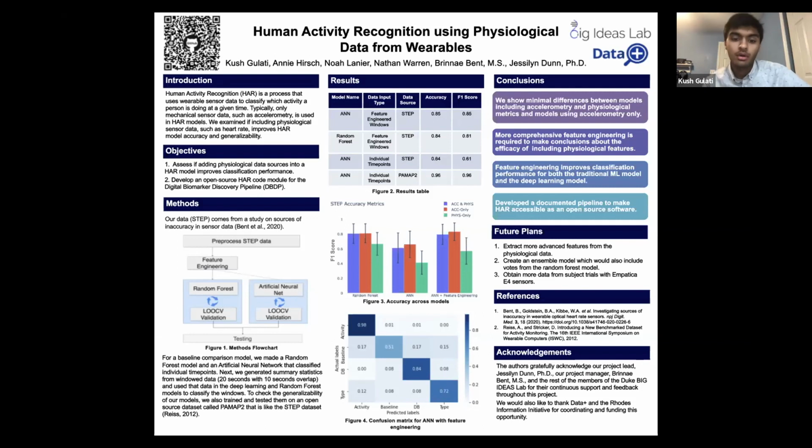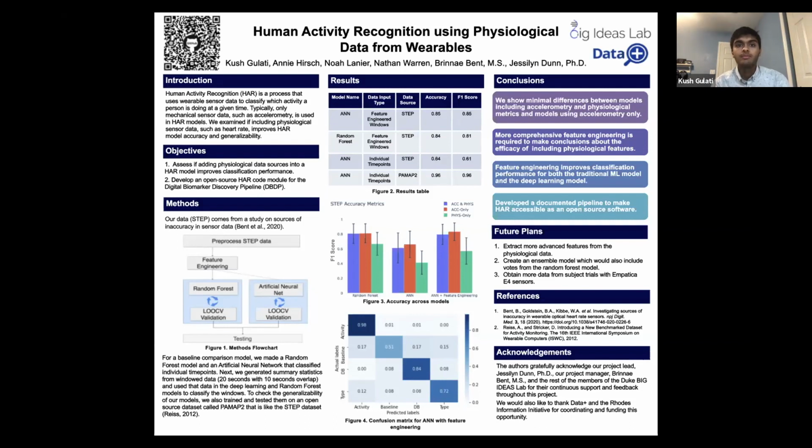Sure. So our random forest model was essentially a compilation of ensemble learning and decision trees, where we were able to see on each branch what type of information gain and feature importance we're getting from both our accelerometry and physiological sensors.